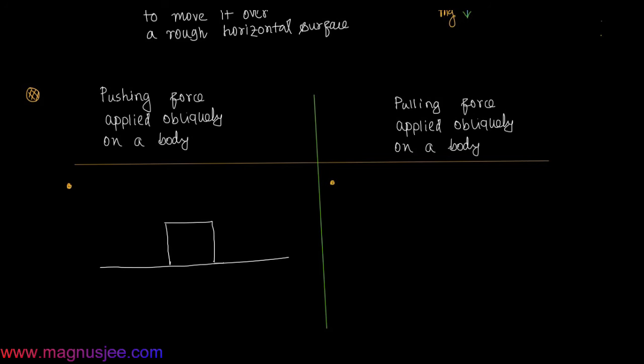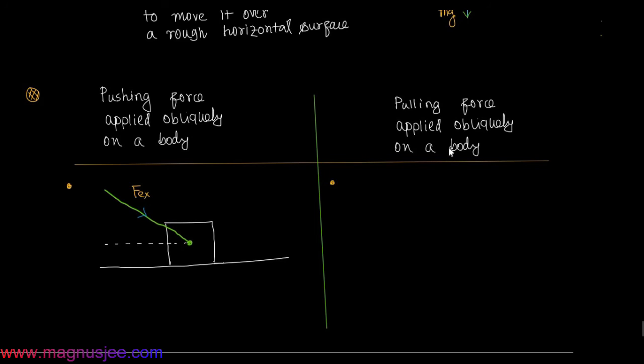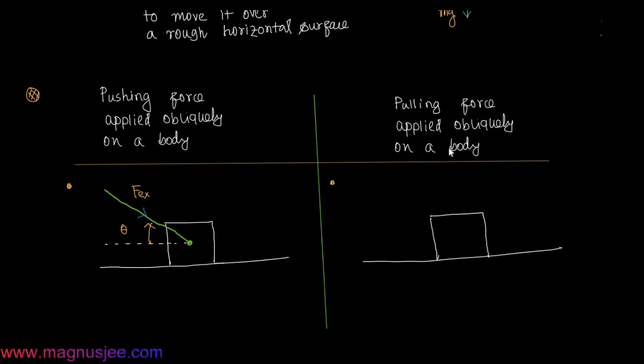This is a block or a body which is placed on a rough horizontal surface, and a pushing force Fx is acted obliquely to the body at an angle theta with the rough horizontal surface. Similarly, on the right hand side we consider the same body of mass m, and a pulling force Fx is acted at the same angle theta with the horizontal direction.